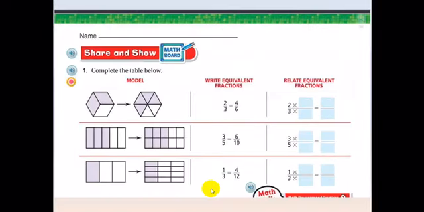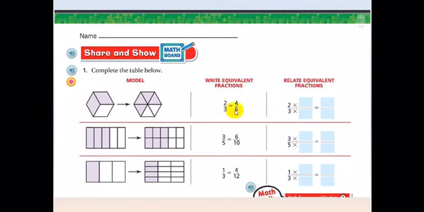For example, I have a model. Complete the table below. Here I have a shape. How many equal parts? 3 parts. I take 2/3. And here how many parts? 1, 2, 3, 4, 5, 6. 2/3 equals how many sixths? 6.